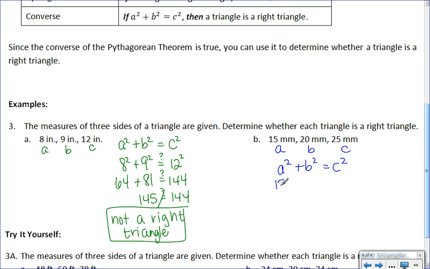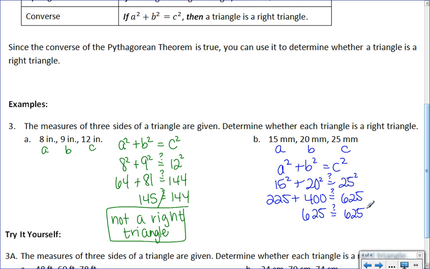A is 15, B is 20, C is 25. 15 squared is 225, 20 squared is 400, and 25 squared is 625. Oh yeah, we want a question mark on these because we're trying to determine if they're equal. We're not saying that they are. 225 and 400 is 625. And we want to know if that's equal to 625. Well, yes it is. So we would say that this is a right triangle.